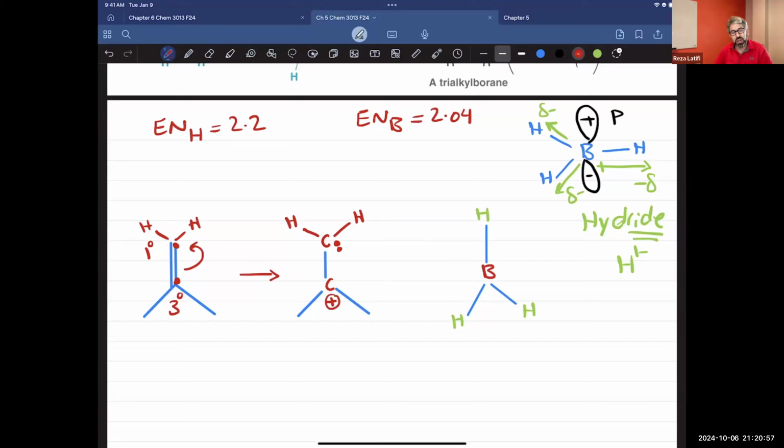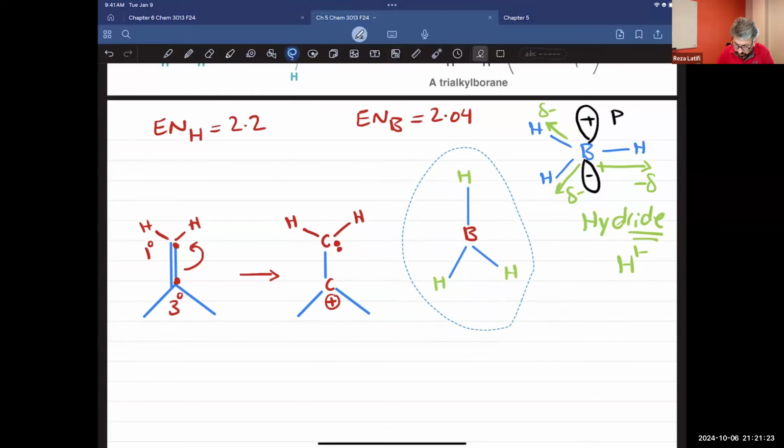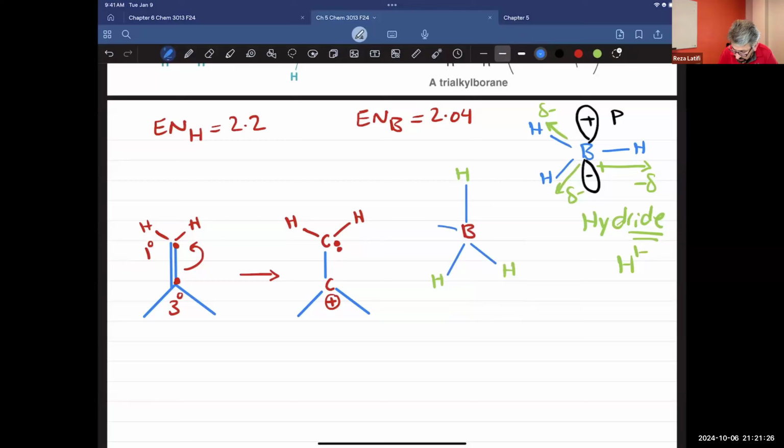Now what will happen? We have a carbon with a negative charge, and one with a positive charge. The carbon with a negative charge can find boron. Boron has an empty orbital, and very soon the carbon will share electrons with that empty orbital.